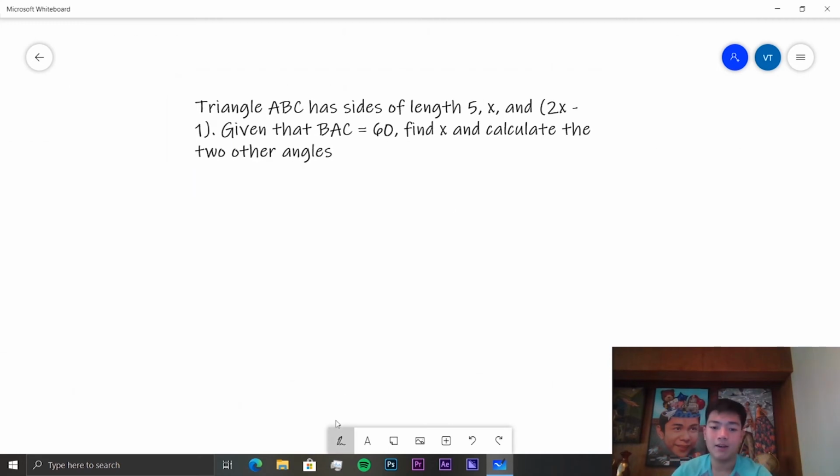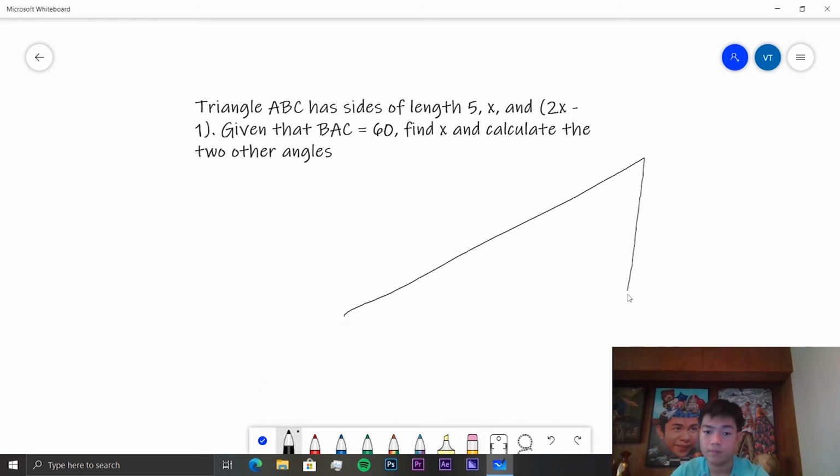So there's a diagram to help us. So we have A, this is 60, x, 5, 2x minus 1, B, and C.